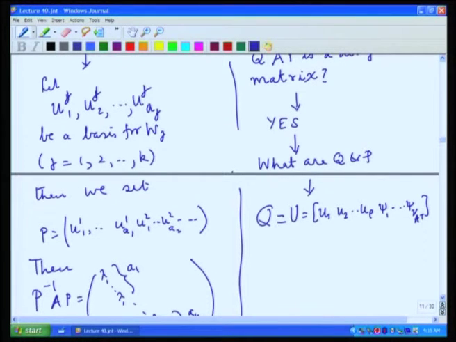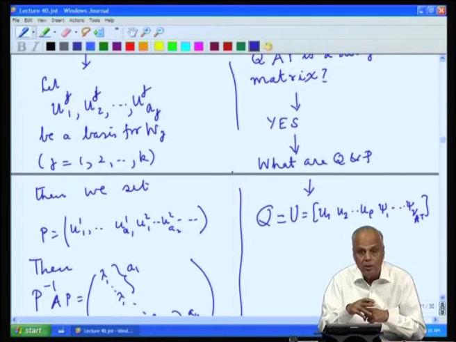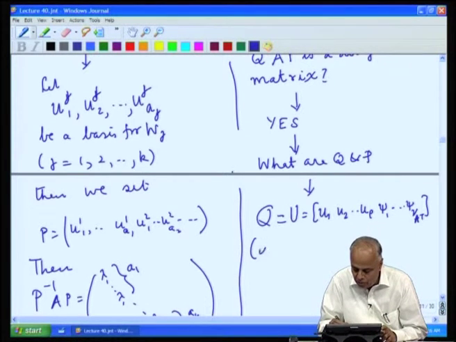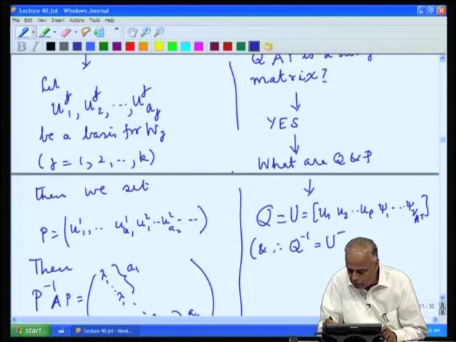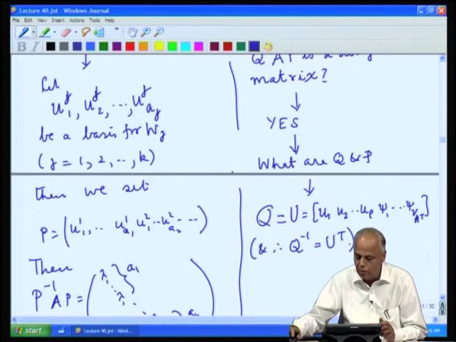And not only that, this is an orthogonal matrix, and therefore Q inverse is U transpose, because U was an orthogonal matrix.